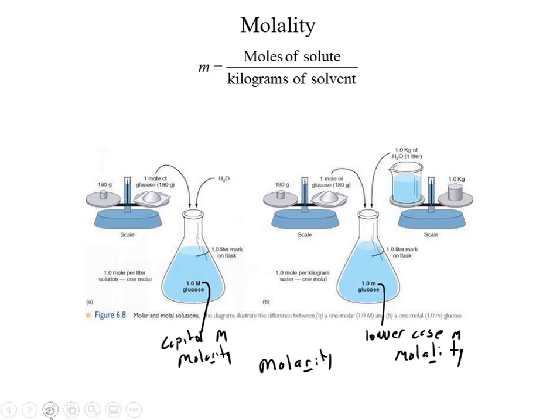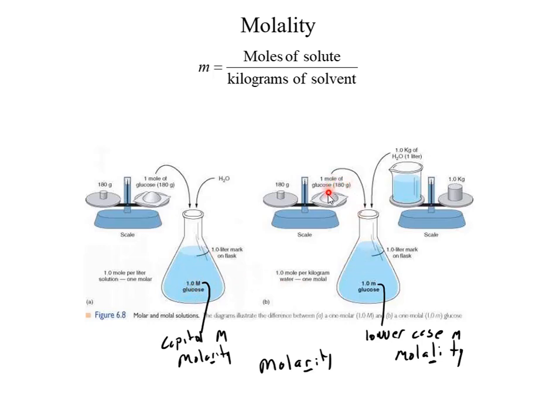And when I look at these two images here, they look like they're the same, but they're not. Okay, so I'm adding 1 mole of glucose, which happens to equal 180 grams, and I add that. And you notice that I don't have any mass unit of volume. Instead, I have a 1 liter mark, and so I add water until the volume comes up to be 1 liter, and I get a 1 molar solution of glucose.